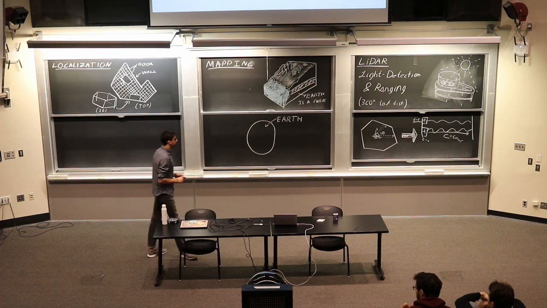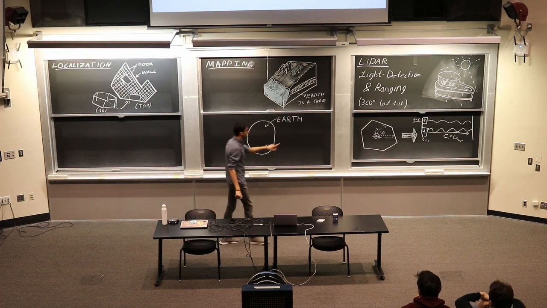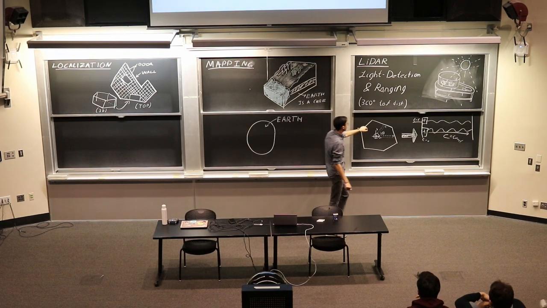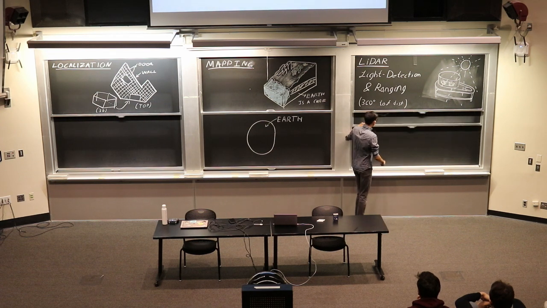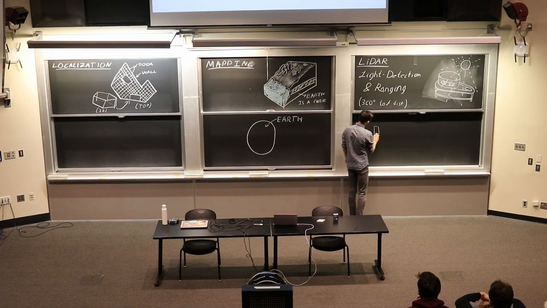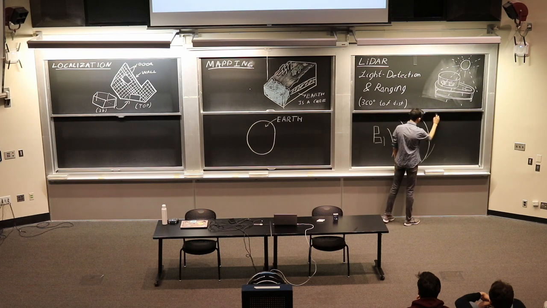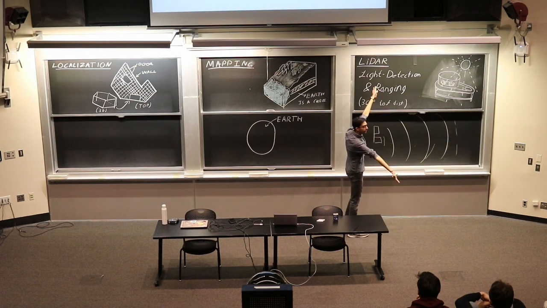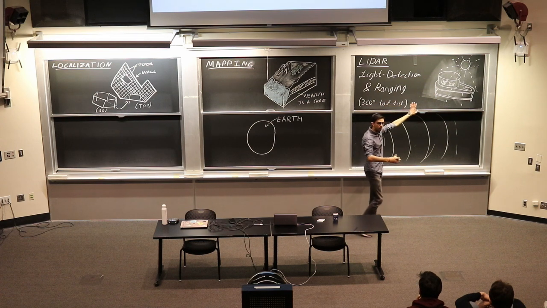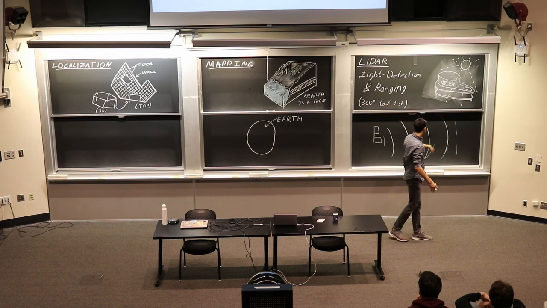LiDAR is a little bit different though. So the problem with a traditional time of flight distance sensor, if we look at an ultrasound sensor, is that when this beam transmits, the beam actually looks like your normal wave propagation. It goes out in a traditional wave propagation kind of fashion.